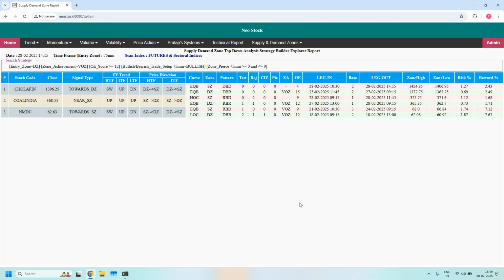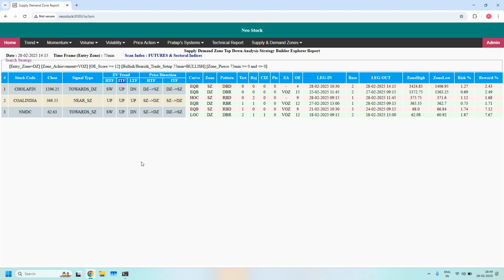We got 3 stocks. So these 3 stocks are supporting bullish trade setup for weekly income trade, and entry time frame zones are 75 minutes demand zones. Out of these 3, all the stocks are having ITF trend as uptrend.